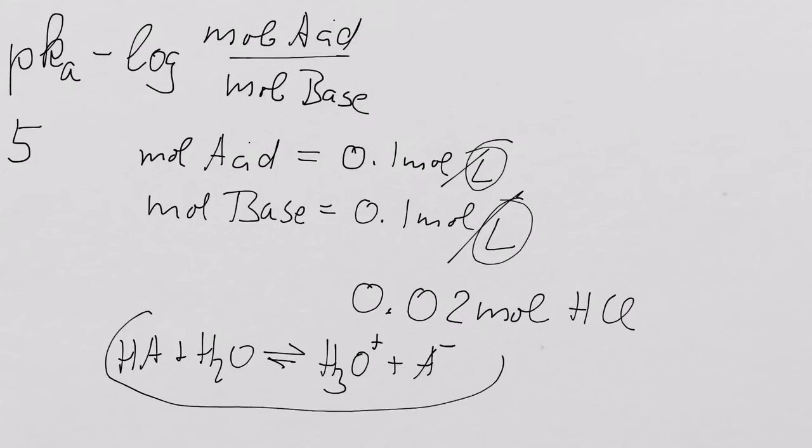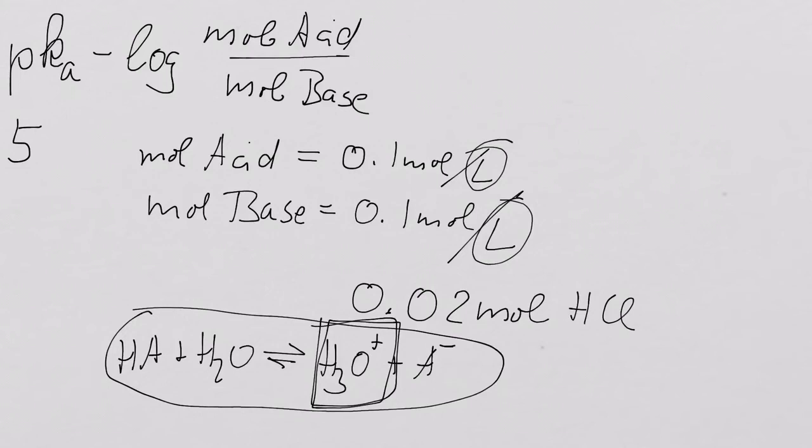Look at this equation again. That's our starting equation, isn't it? We said at this stage, this is absolutely fine. This is our equilibrium. But now we add, from the outside, additional protons from our HCl. Yeah?